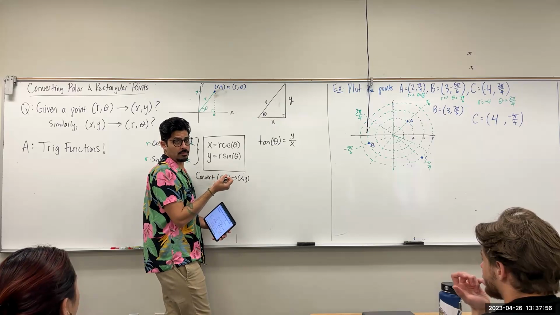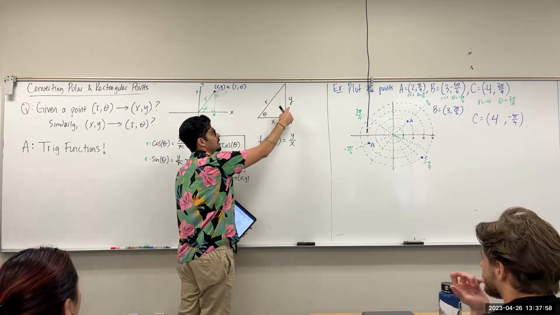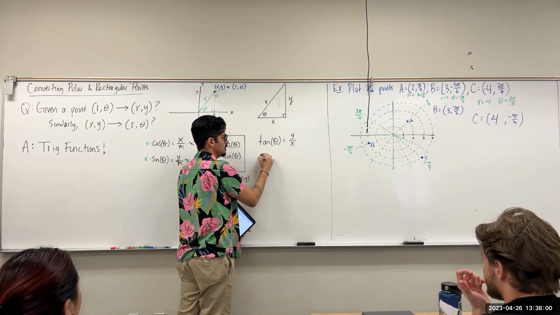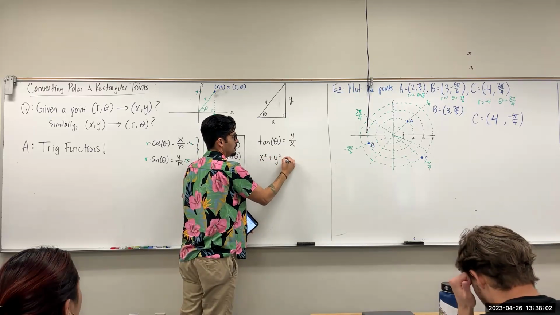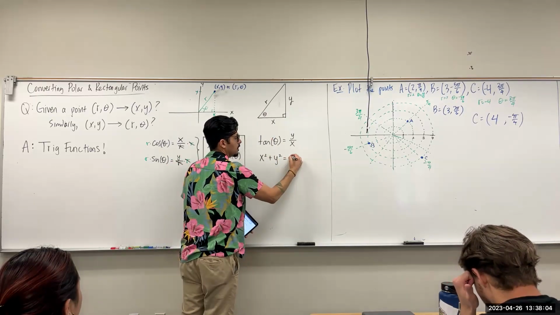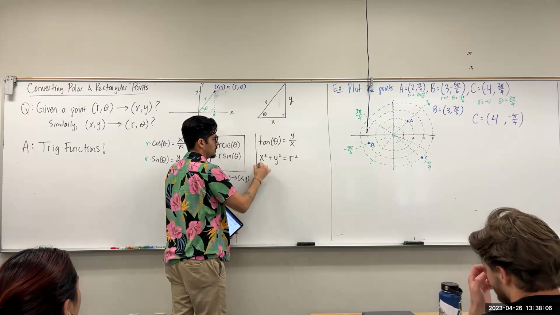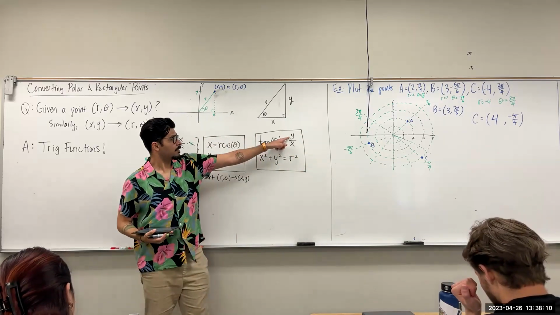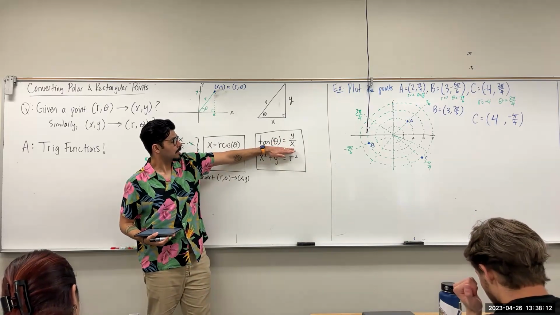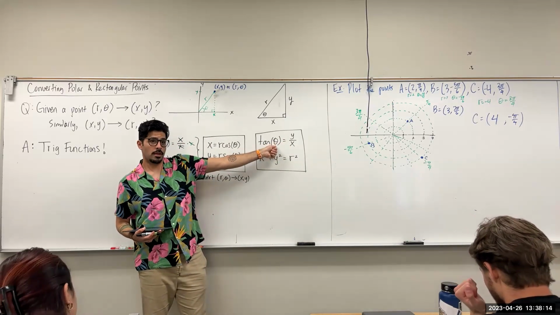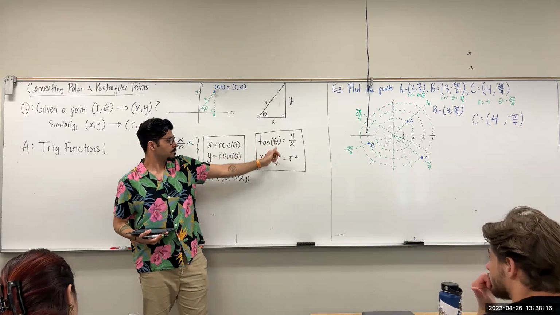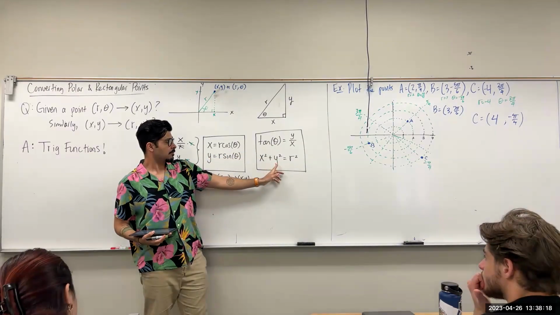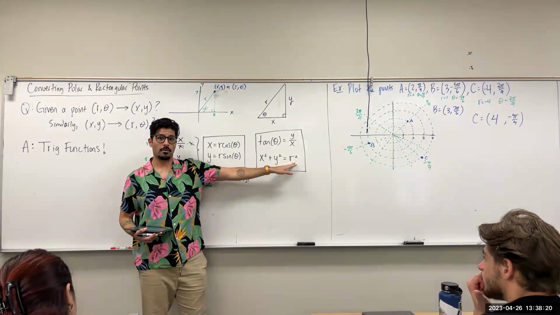Pythagorean theorem, right? So it's going to be the sum of the squares of the sides equals the hypotenuse squared. And so notice, given my x and a y, I have an equation with just the unknown r, so you'll be able to use that. I plug in my x coordinate, I plug in my y coordinate, and it'll give me my r.